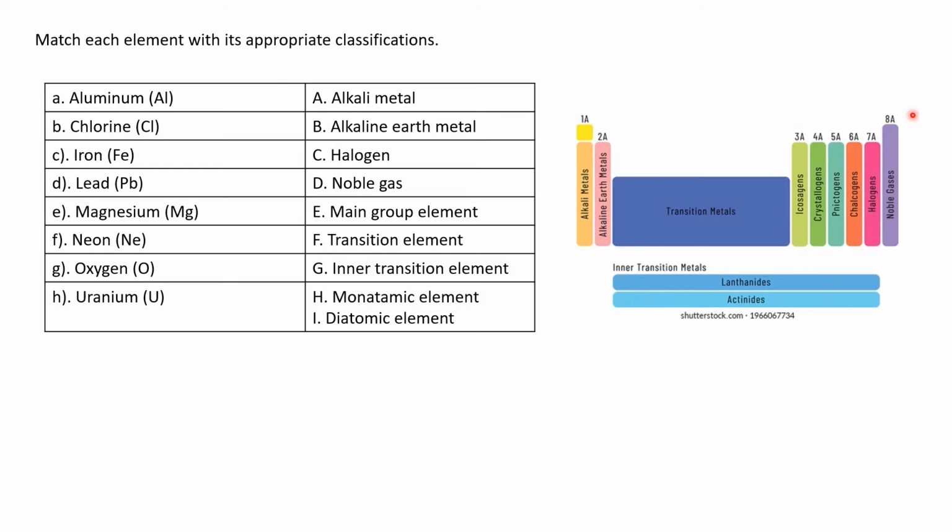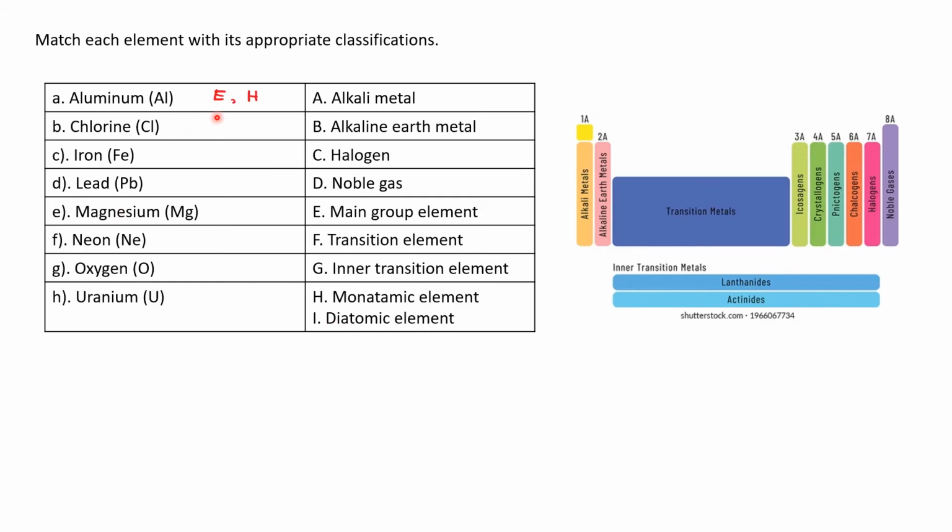These are called the elements in P block, and the elements in 7A are called halogens and elements in 8A are called noble gases. The elements in S block and P block are called main group elements. And then you have diatomic elements in your 6A and 7A.